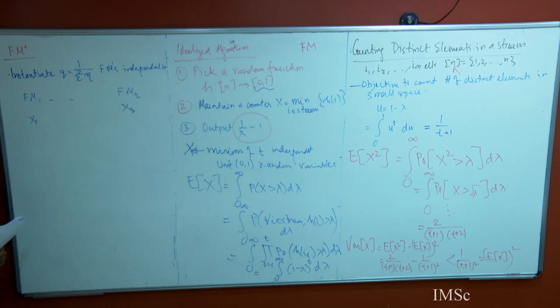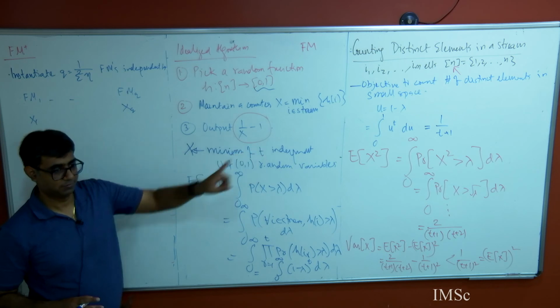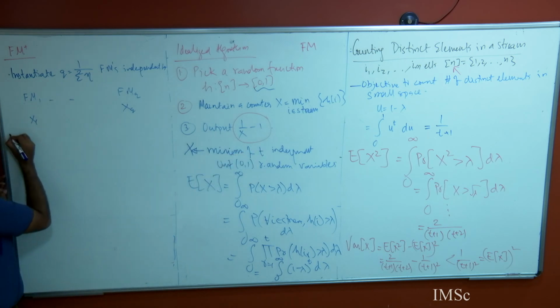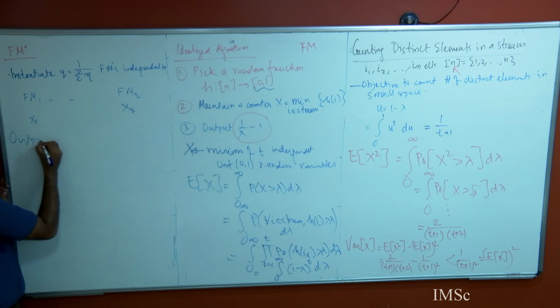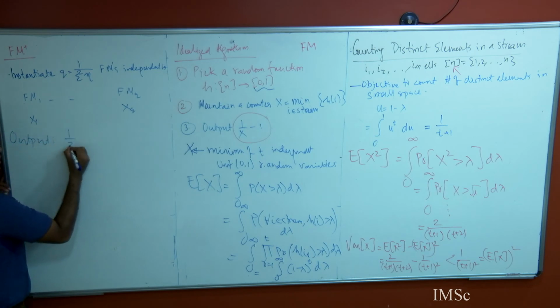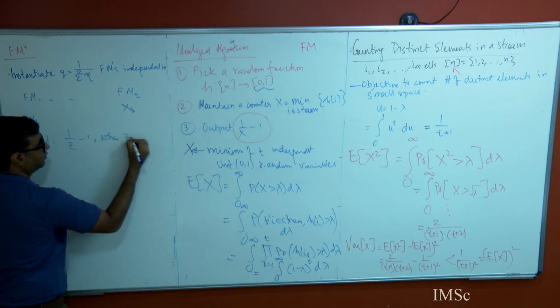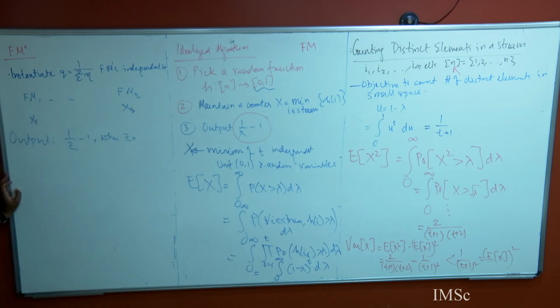What should I return? Look, I was returning 1 by x minus 1, right? So you have to output 1 by z minus 1, where z is the mean of these.